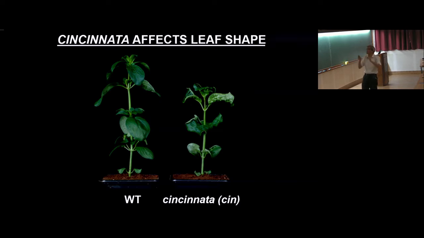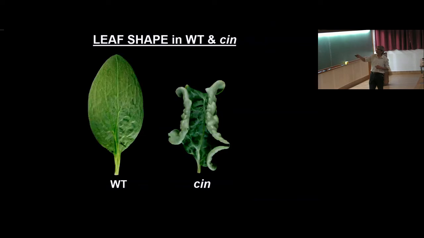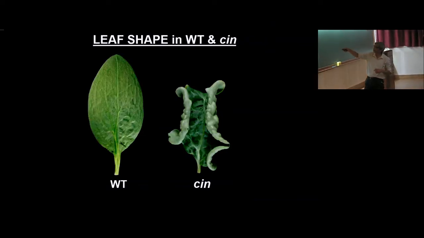That is called phyllotaxy, or the arrangement of leaves on the stem. That is pretty similar. All you see is that only the leaf structure is different. So how different is it? You take a mature leaf from here and compare. It sort of folds or becomes wavy towards the periphery.